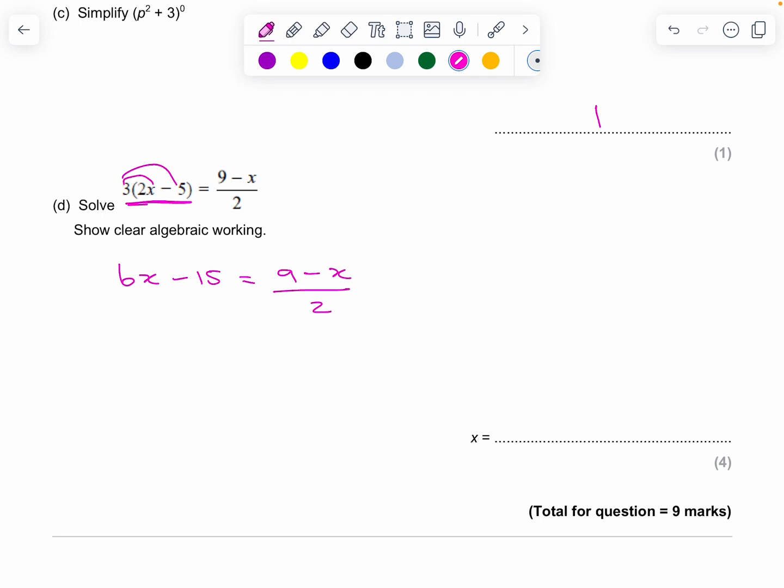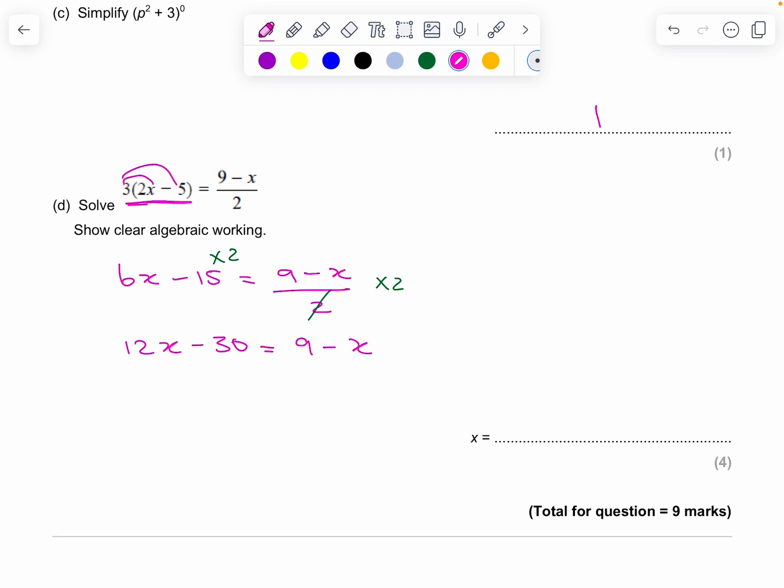Then, to get rid of the divide by 2, I'm going to times by 2 on both sides. So remember, on this side, it's just getting rid of the divide by 2. And on this side, we're going to have to times by 2 to give us 12x minus 30 equals 9 take away x. Now it's super nice and simple.